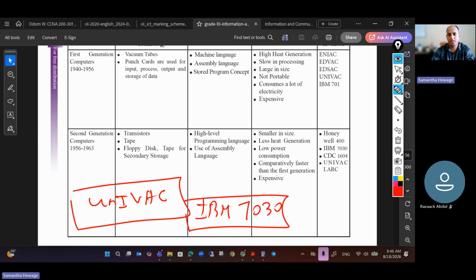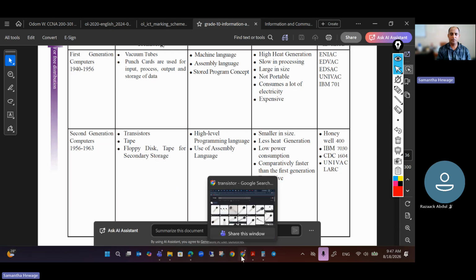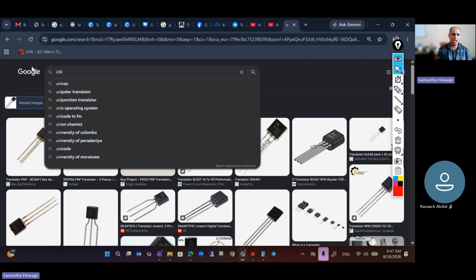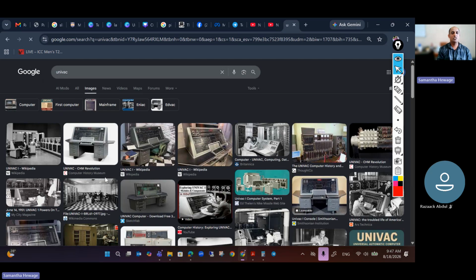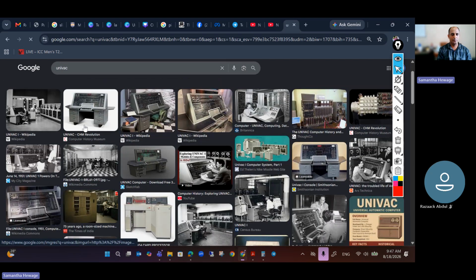I have seen that these questions might be asked in different years. That's what I am talking about, we can't skip these things. So this is the UNIVAC computer. You can see that.